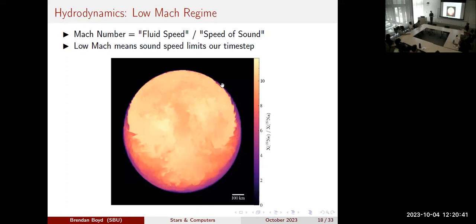This tells us about the relation between those in our simulations. So if we're in a low Mach regime, that means the speed of sound is much faster than the fluid speed, and so it's going to limit our time step.